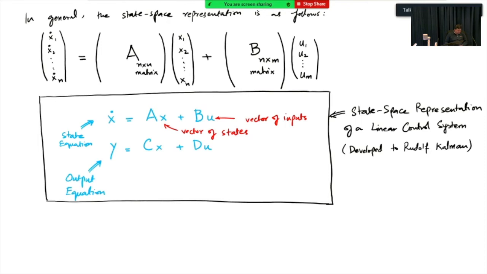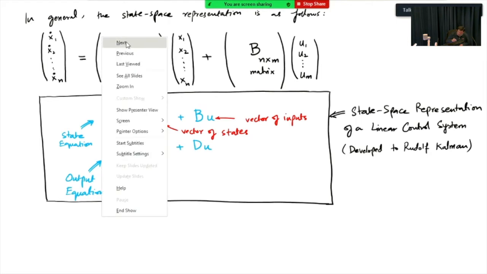Okay, so we can take another example here, which is an electrical system. We saw a mass spring system before, but this time we can look at an electrical system.